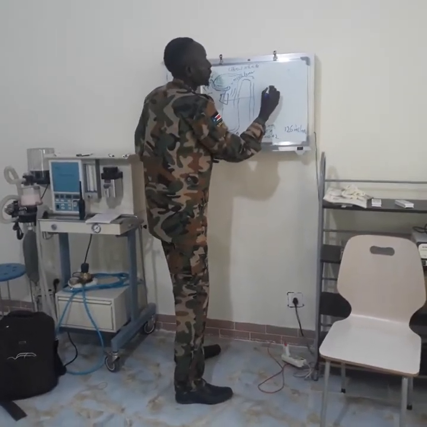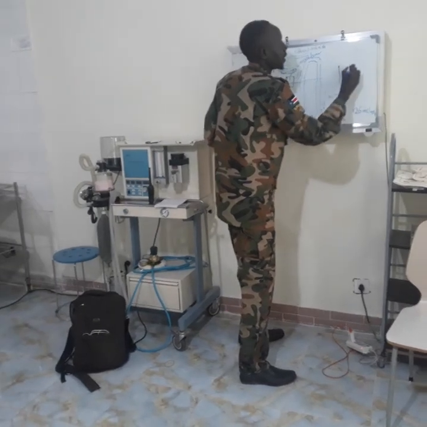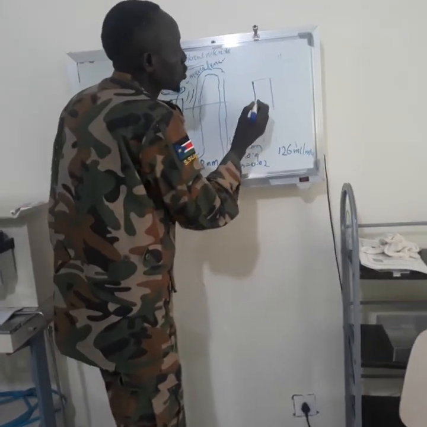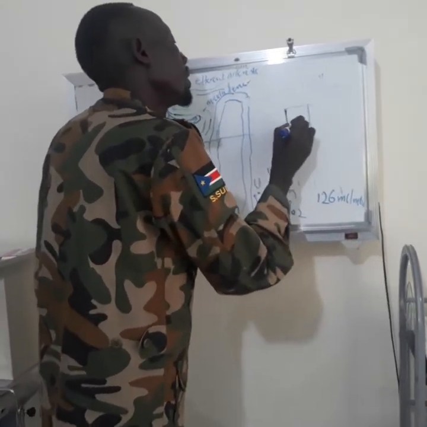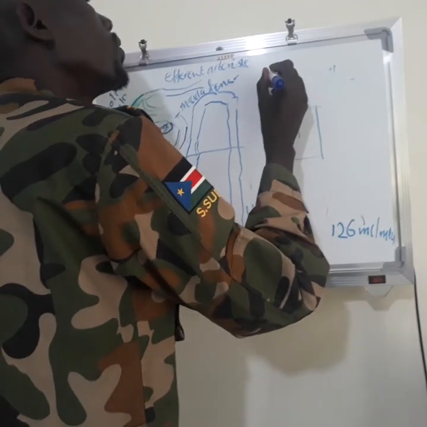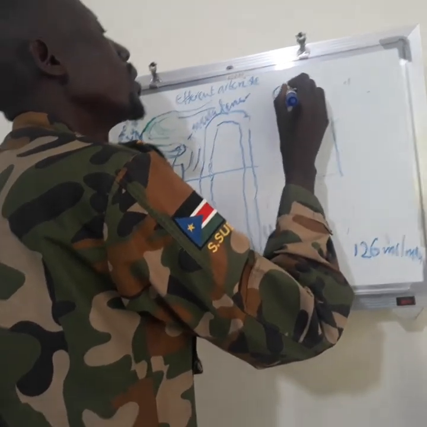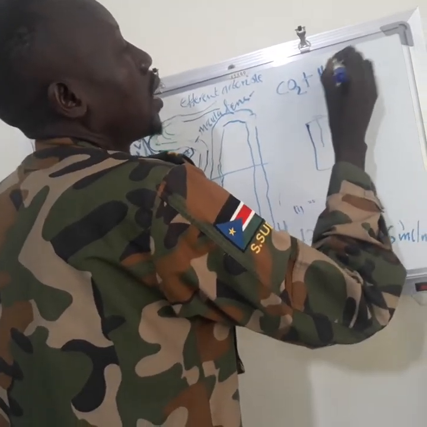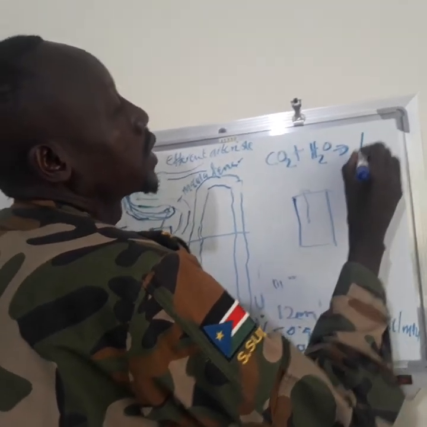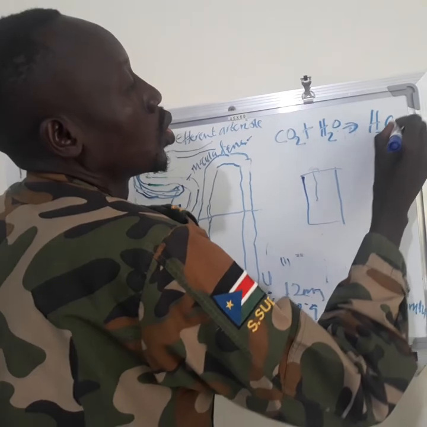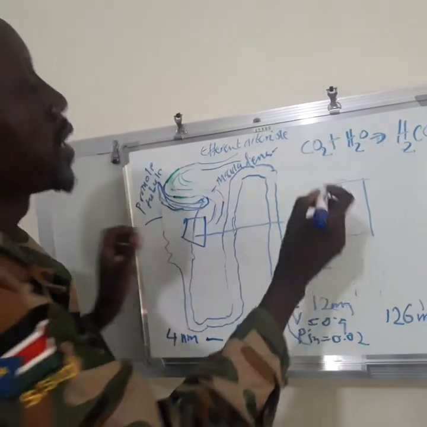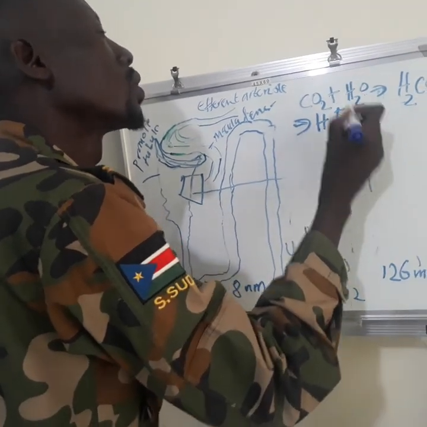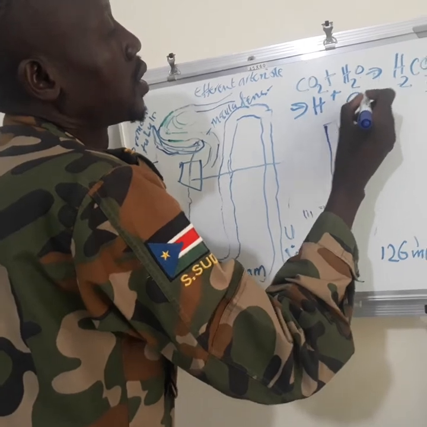So you have this cell, taken here in the proximal convoluted tubule. Inside this cell, you have carbon dioxide plus water, which gives you carbonic acid. This carbonic acid will again dissociate into hydrogen ions plus bicarbonate.